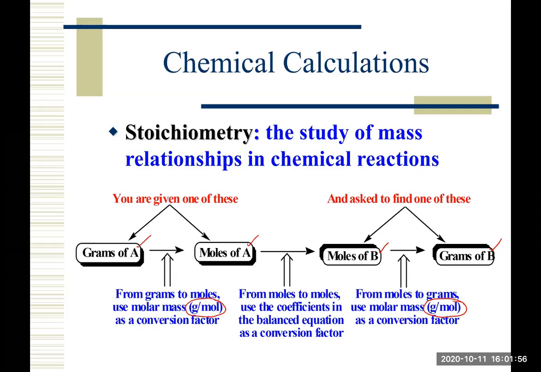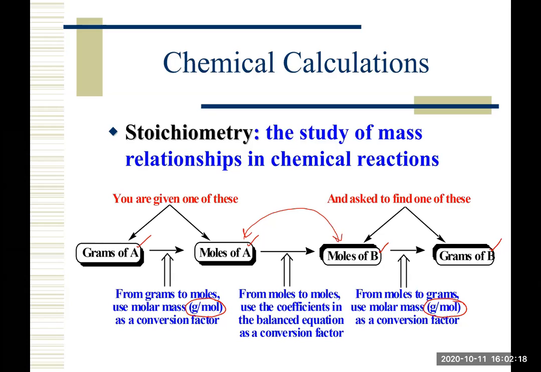If, on the other hand, we want to go from moles of substance A to moles of substance B, or from moles of substance B to moles of substance A, we cannot use molar mass because we don't need a conversion factor that contains grams.